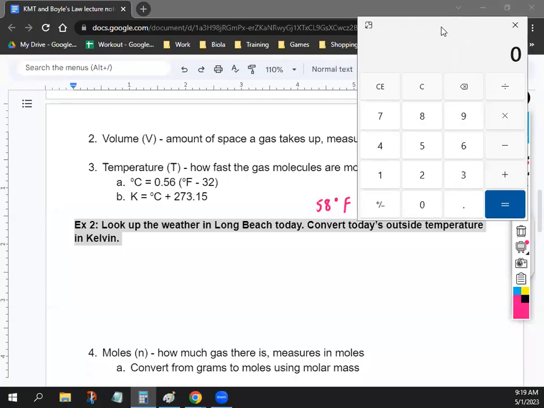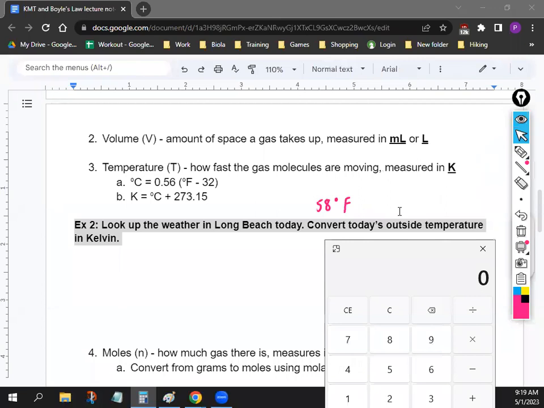Okay, guys, so it's 58 degrees Fahrenheit outside today. First we're going to plug it into this equation right here. Degrees Celsius is 0.56 times 58 minus 32. On your calculator, you first do 58 minus 32 because you have to do the parentheses first.